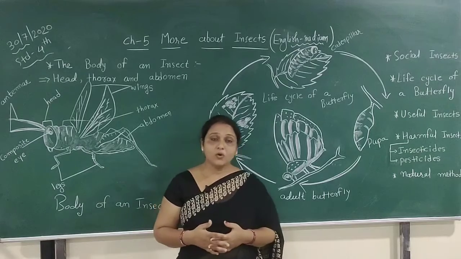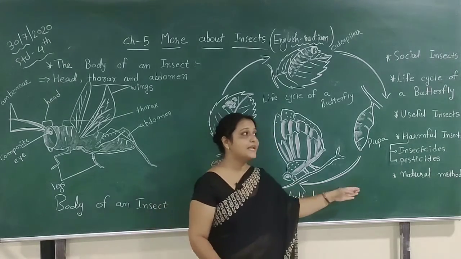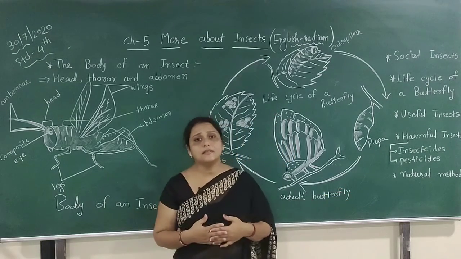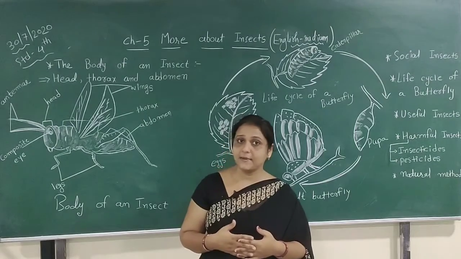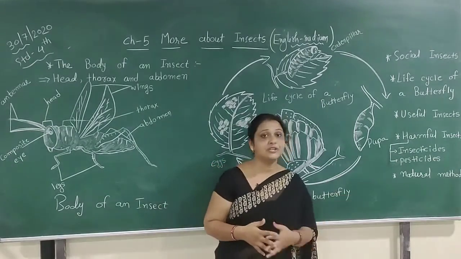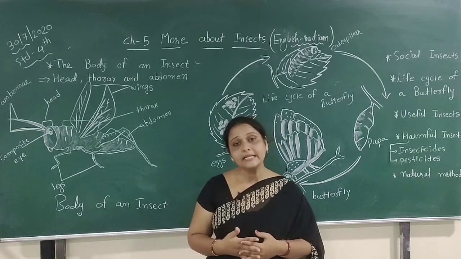To destroy them, we also use some natural methods, like keeping neem, then after using kerosene, and different types of medicines and powders. Using these natural methods, we can also destroy the harmful insects.